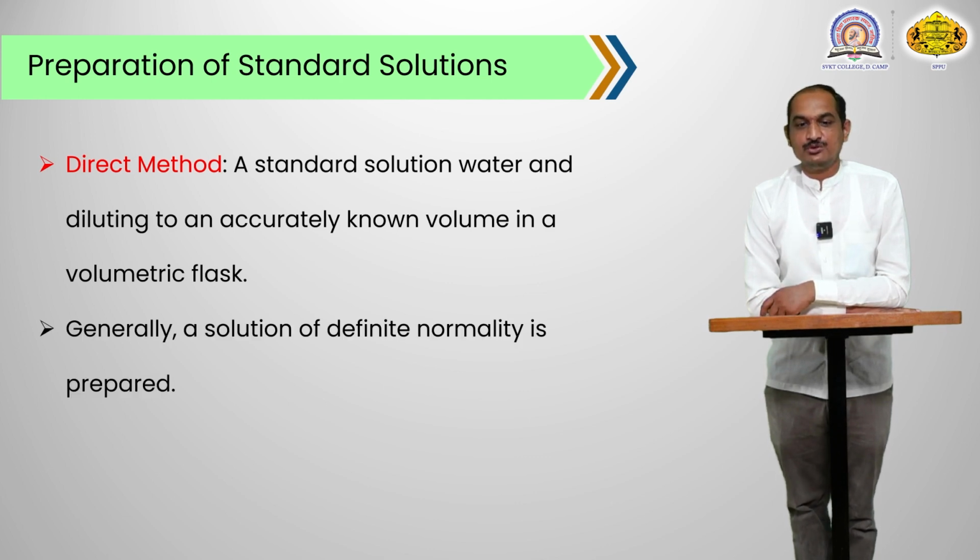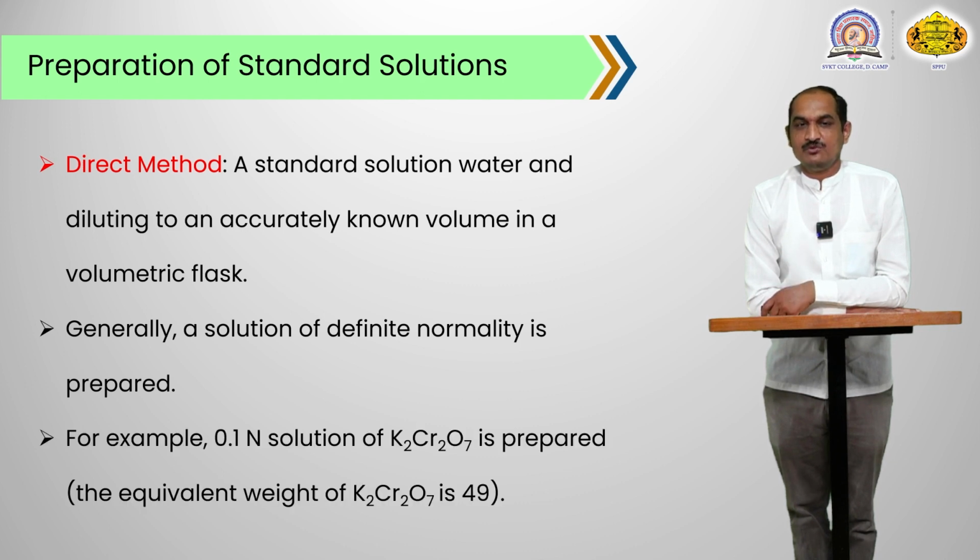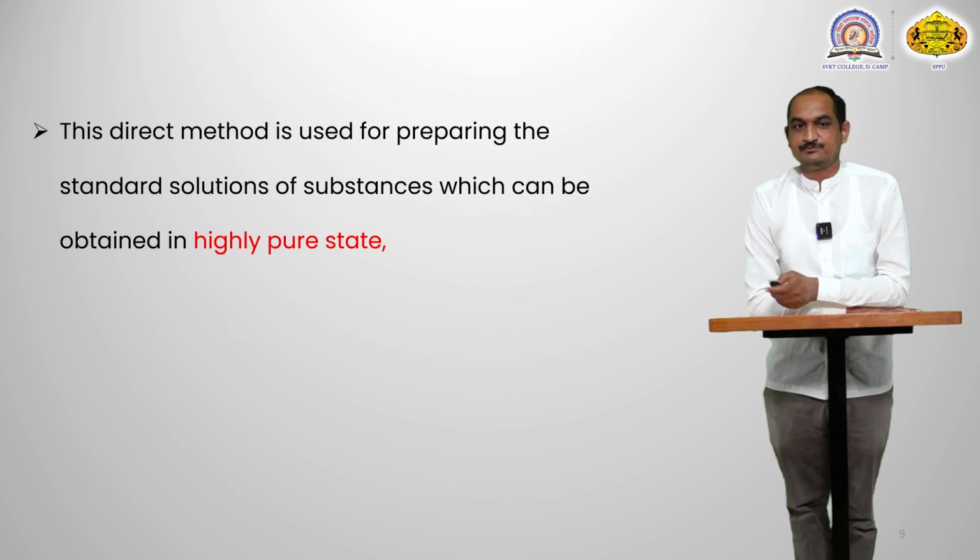Generally, a solution of definite normality is prepared. For example, 0.1 normal solution of K2Cr2O7 is prepared. For that, we know that the equivalent weight of K2Cr2O7 is 49.